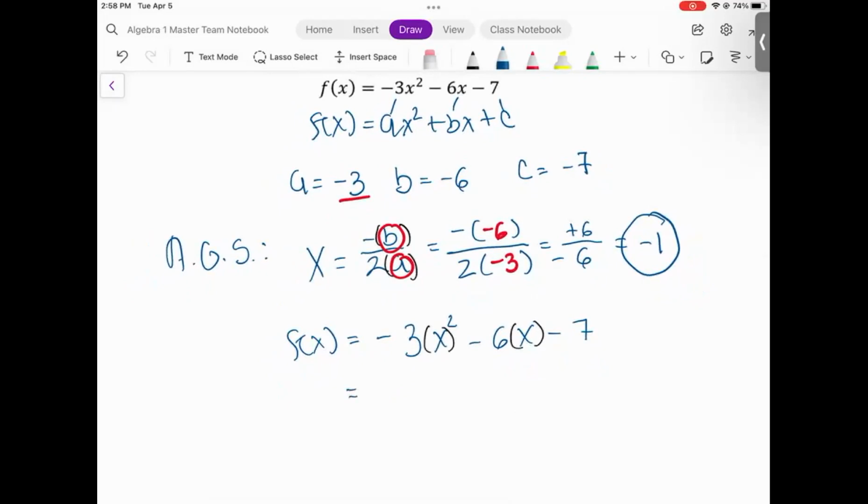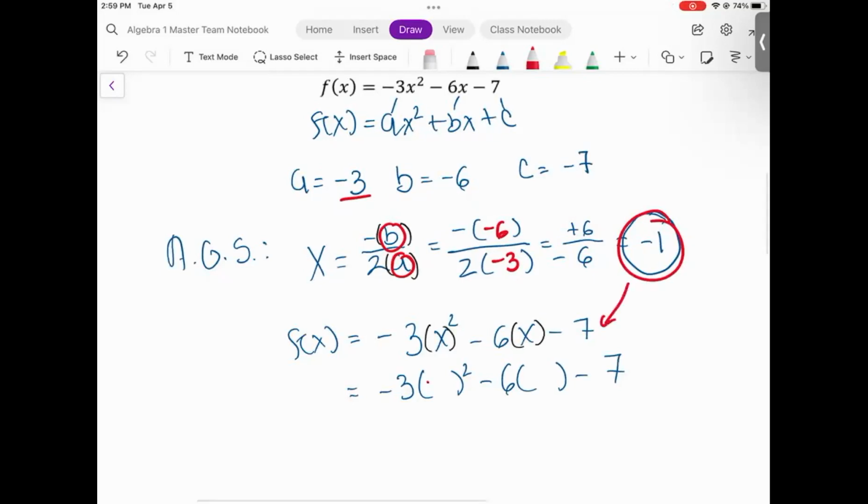And let's rewrite the formula again. So now we got -3 parentheses squared minus 6 parentheses minus 7. And you're going to be using our h value. We're going to use the axis of symmetry. That's going to be our input. So let's go ahead and plug that in for x.